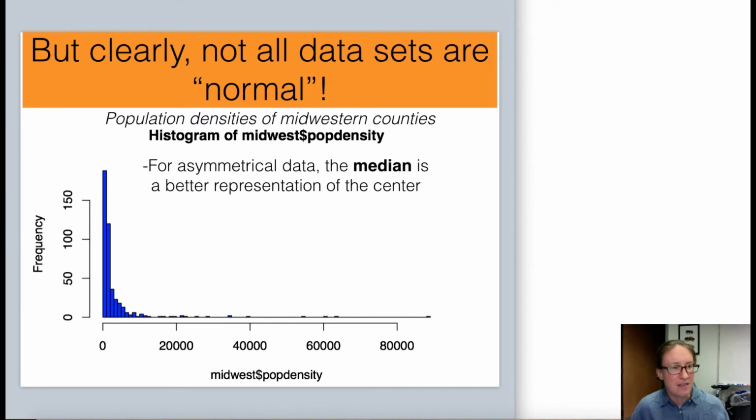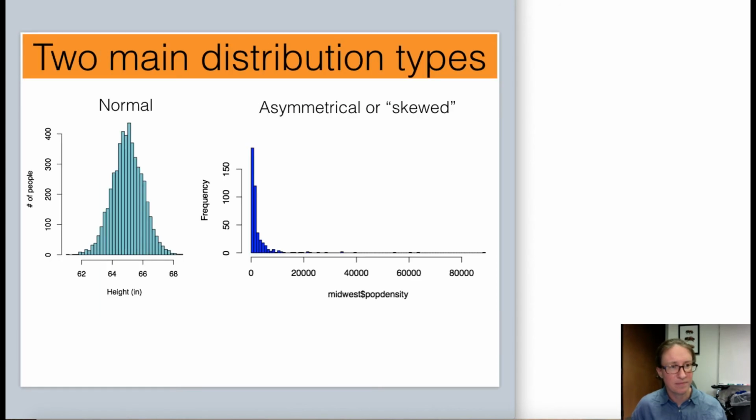So here again is that population density data. When the data have this type of asymmetrical distribution, where we've got a lot of very small values and then just a small handful of very big values, the median is going to be a better representation of the center.